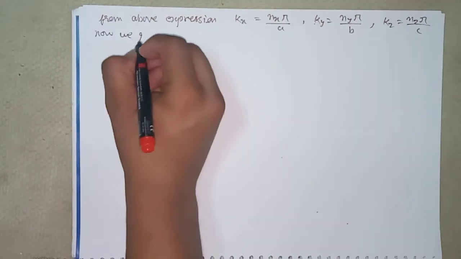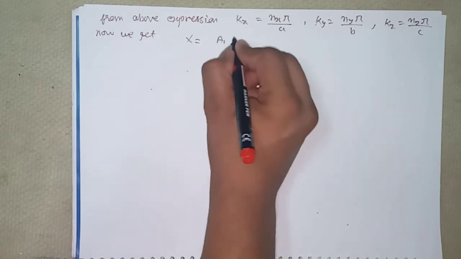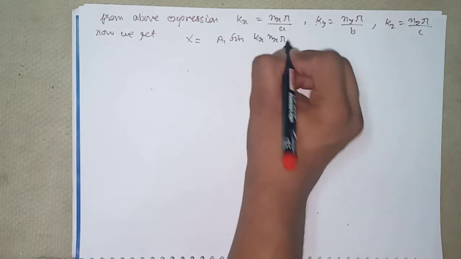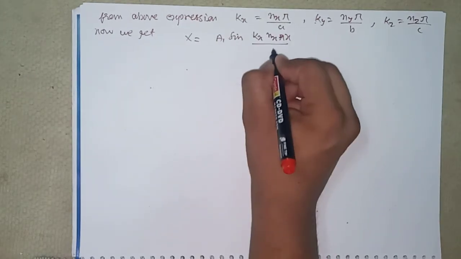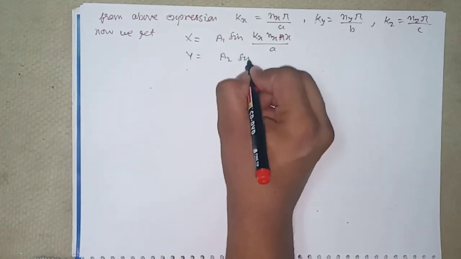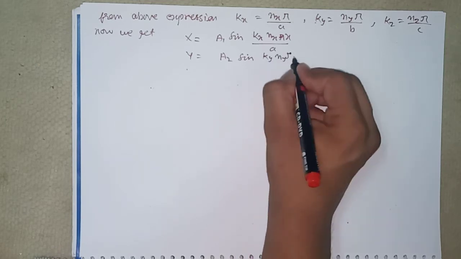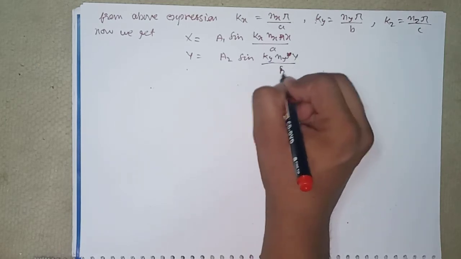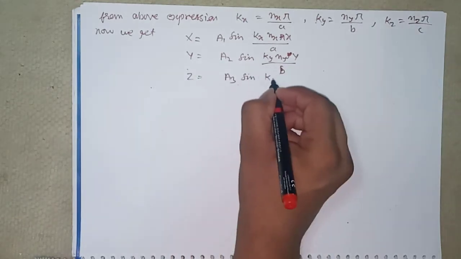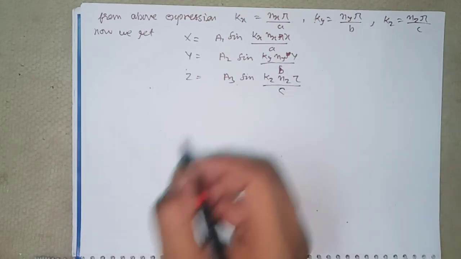Now we get X is equal to a1 sin nx pi x by a, Y is equal to a2 sin ny pi y by b, Z is equal to a3 sin nz pi z upon c.